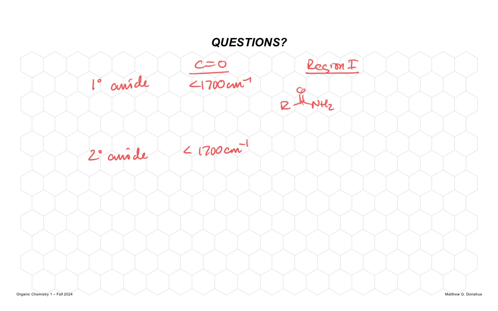Since that has 2 hydrogens, you should see that sort of doublet looking structure to the NH stretching. A secondary amide only has 1 H, so that will sort of now look like that. But again, those things will not look like OH stretching. So OH versus NH looks very different visually.